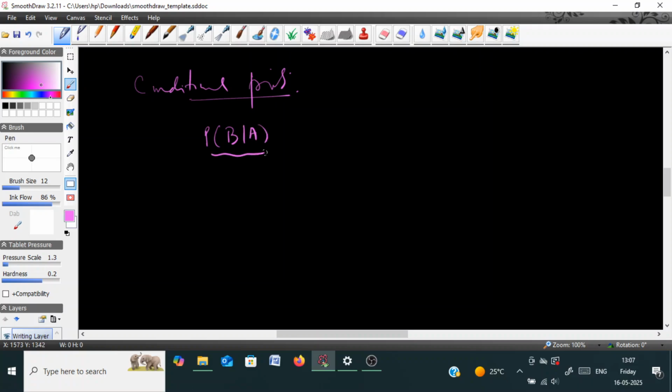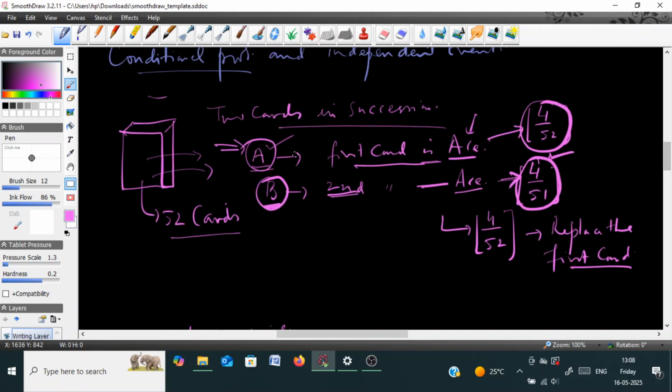This is the notation, and we read it as probability of B given A. That is, what will be the probability of event B given that event A has occurred, like the probability of drawing an ace in the second draw, given that the first has happened.